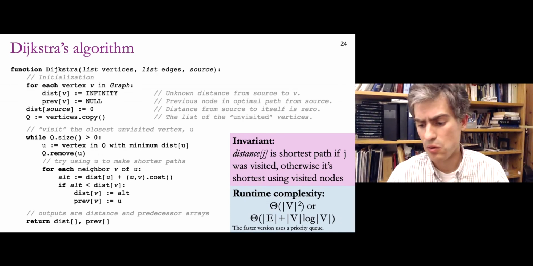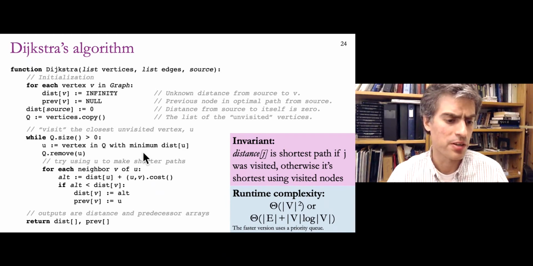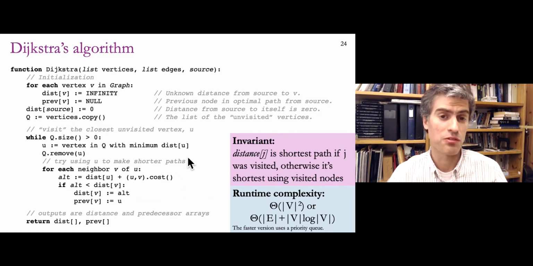For this, we want to use a priority queue keyed on distance to make it efficient, but you don't have to if you don't care too much about efficiency. Basically, in each loop we consider one new vertex, and that is the one that has so far the minimum distance, u. At first that would be the source itself, so we start off with the source as the first vertex we're visiting.